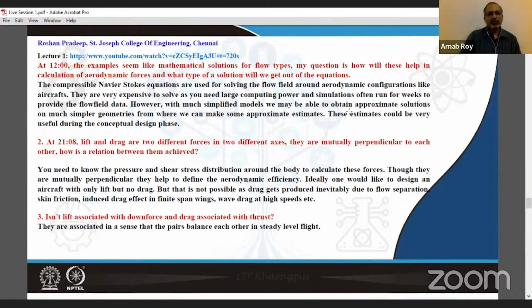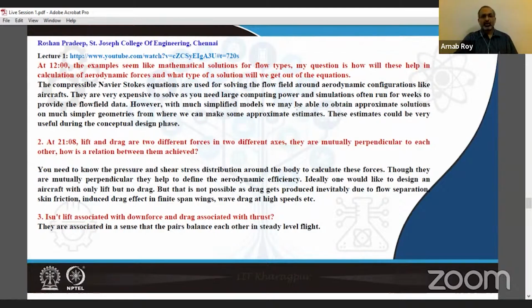Well, of course, when you are trying to solve equations to get forces and moments which act on a complete aircraft, there is not much of an easy solution available. You have to solve the compressible Navier-Stokes equations. They are a very, very expensive set of equations to solve on practical configurations like actual aircraft.